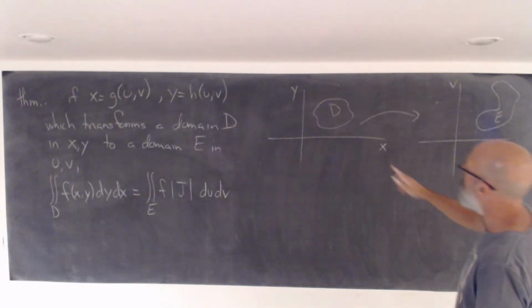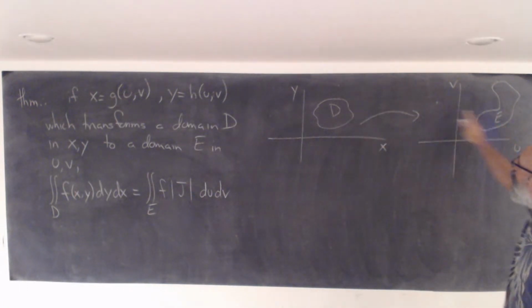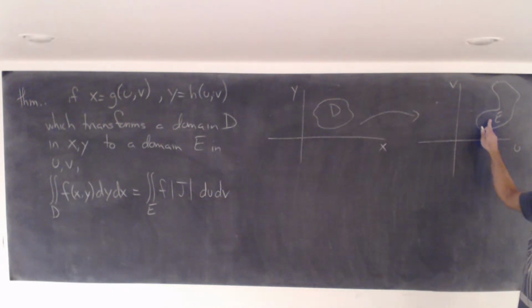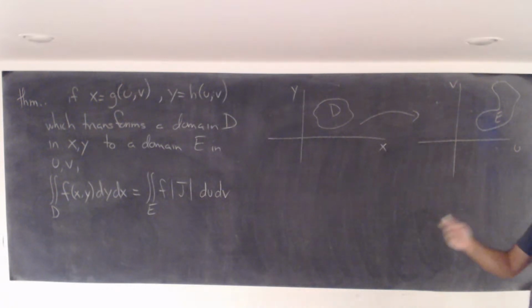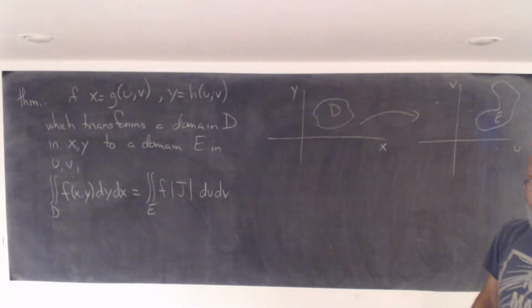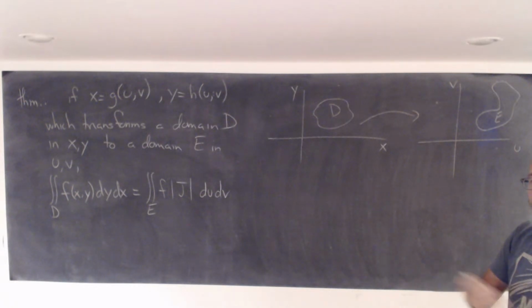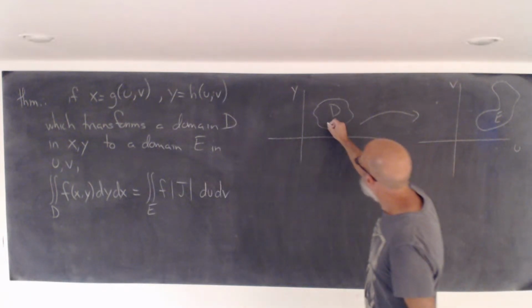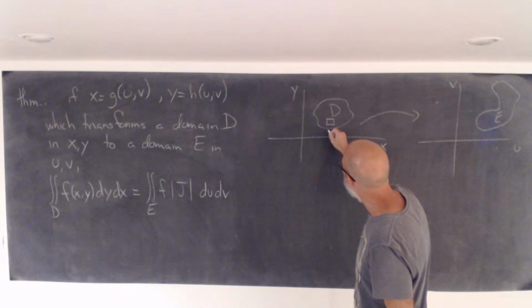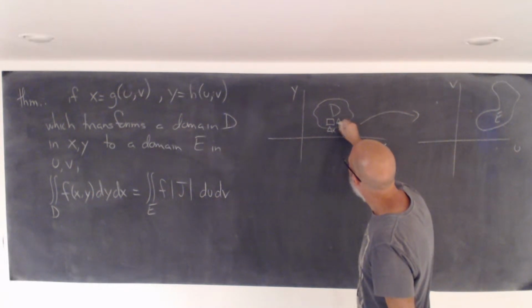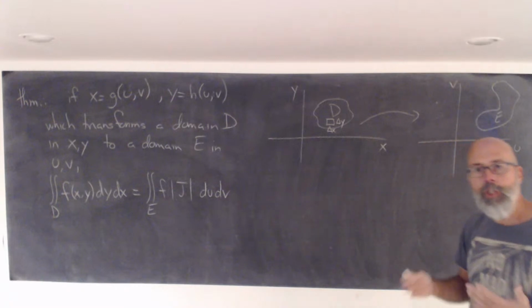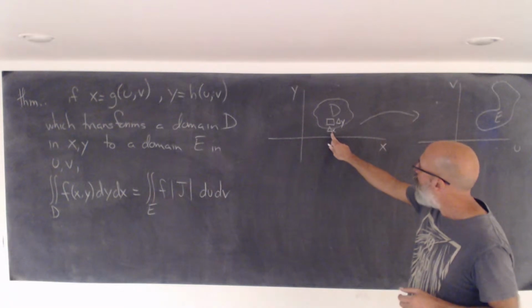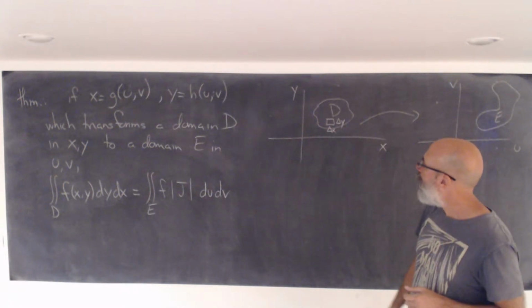So you see what happens, right? You used to have some area, and now maybe you have a different area. How do we compensate? And you compensate through the Jacobian. What this is telling you is that here you used to have these small, right? Think of a Riemann sum argument. You had these small rectangles of length delta x and width delta y.